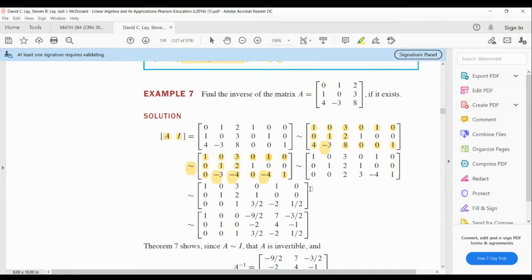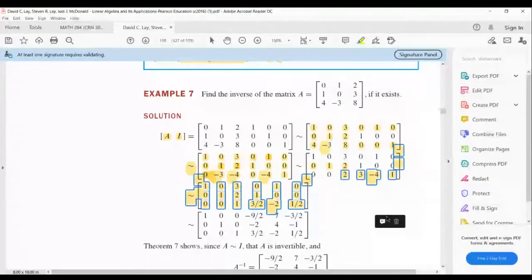And they keep doing this. What they're trying to do is get that matrix A in reduced echelon form. So next they want to get a 0 where that -3 is. So they take 3 times row 2 and add it to row 3.